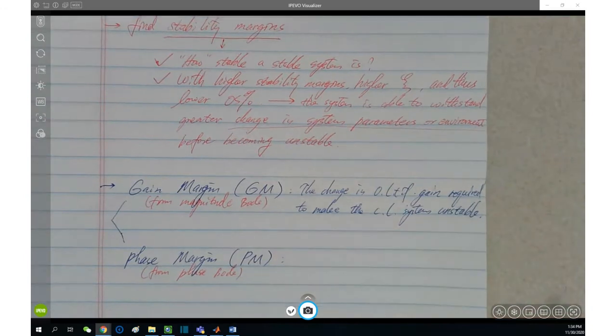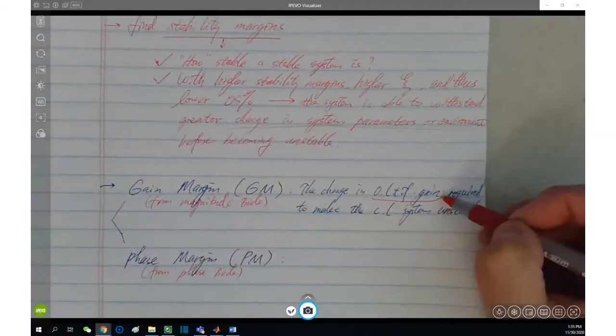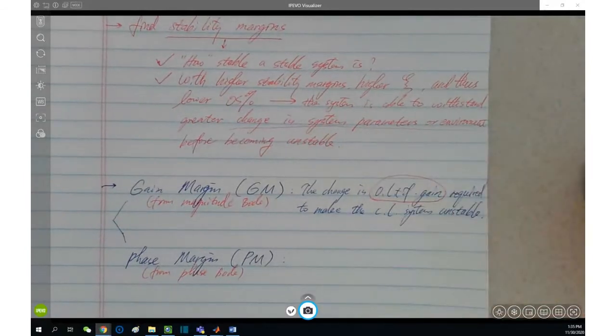This is actually making sense, very meaningful. We are talking about, first of all, in the open loop transfer function, the gain. If you change it, how much change can you make before the system becomes unstable, right?